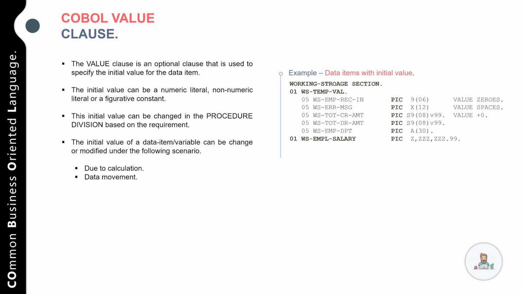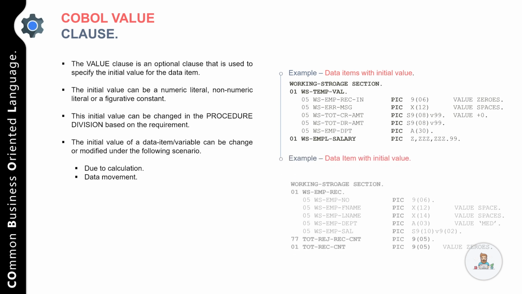After that, we have WS-ERROR-MESSAGE, and it is X of 12, and we have assigned an initial value of spaces. Similarly, we have the next variable, that is WS-TOTAL-CREDIT-AMOUNT, and we have assigned a plus 0 as the initial value.